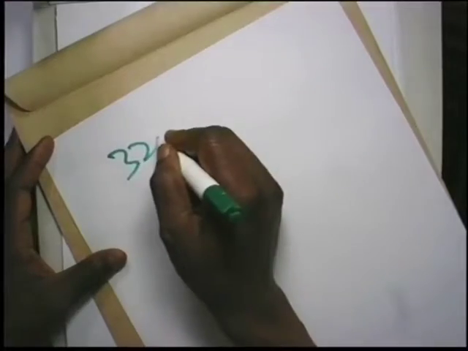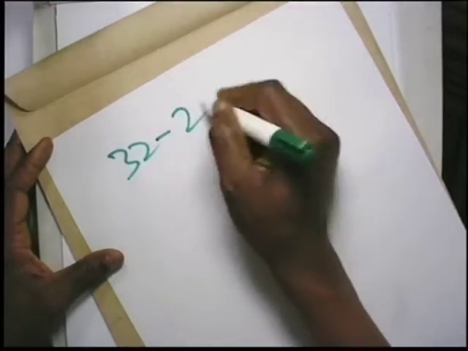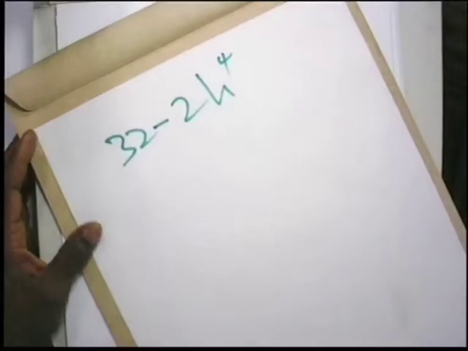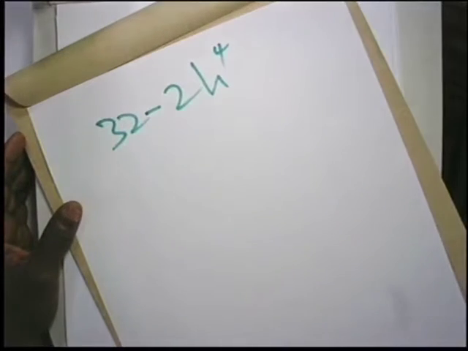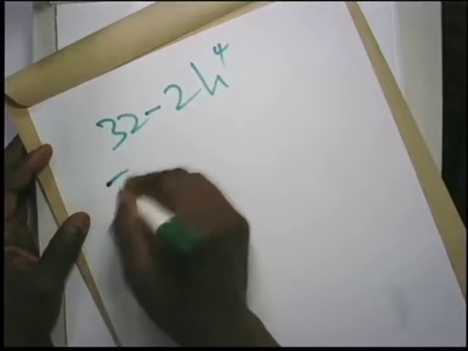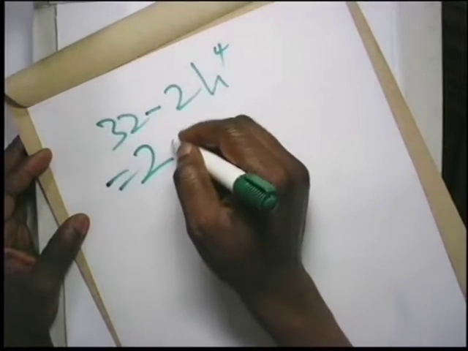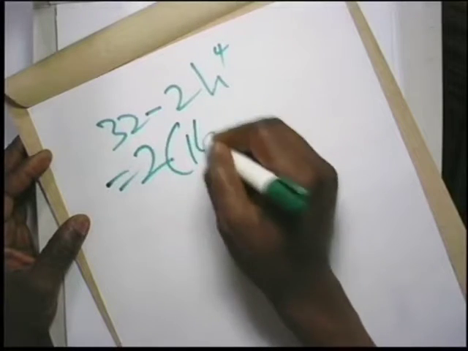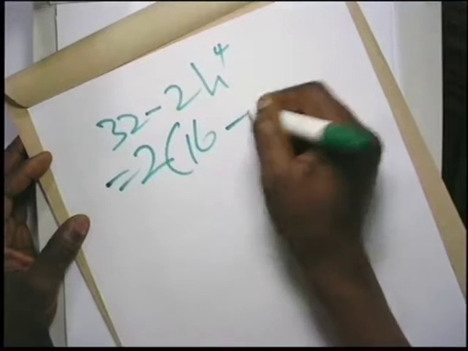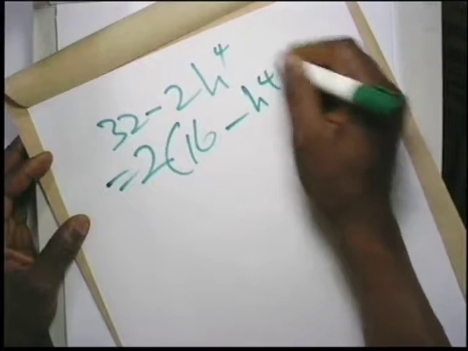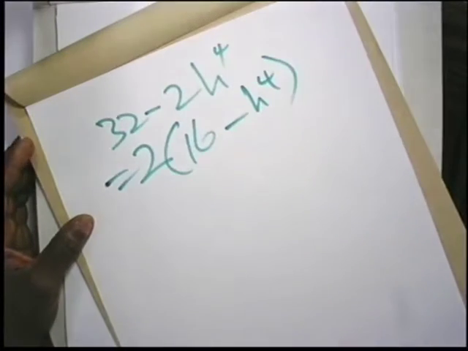Let us factorize it together. 32 minus 2h raised to power 4. Then we are asked to factorize, which is equal to 2 into bracket 16 minus h raised to power 4. Hope you agree with me like that.